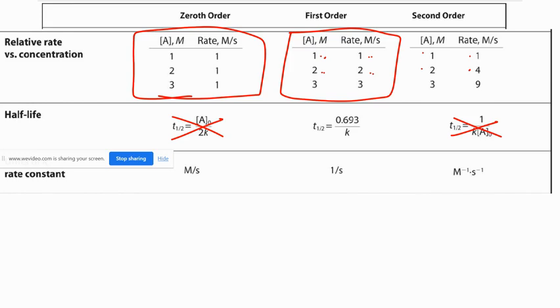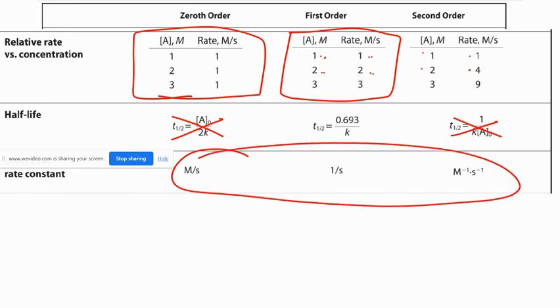So you can look at data, or you can look at slope. There's lots of different ways to try to tell what order reaction you're dealing with. And then please know how these things work for your units. Because if you solve this with the right number, but your units are wrong, they're going to mark it wrong and you're going to lose the points. And that really sucks.